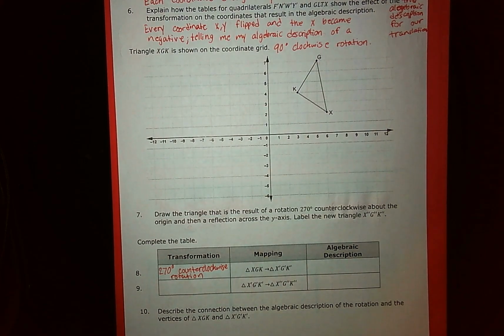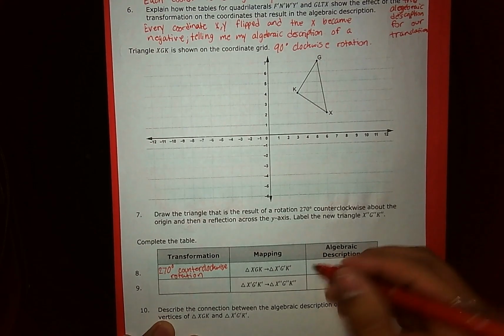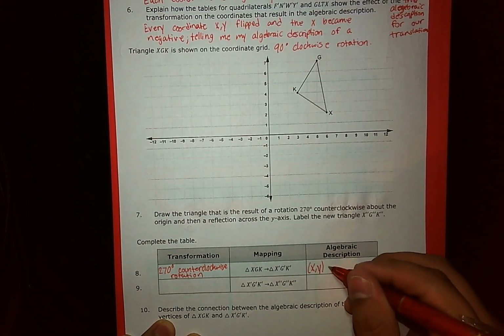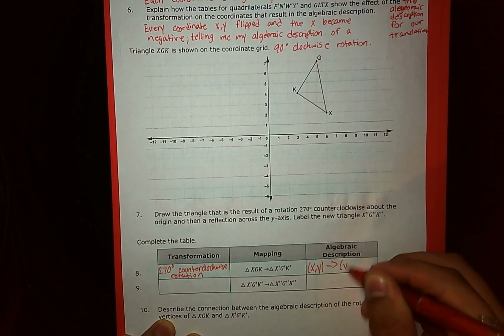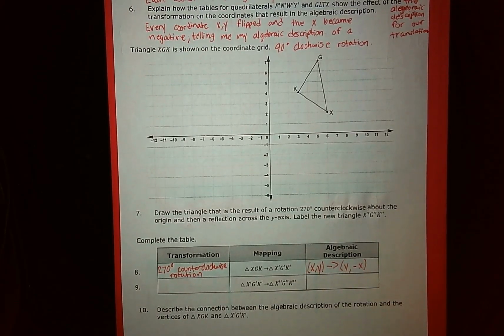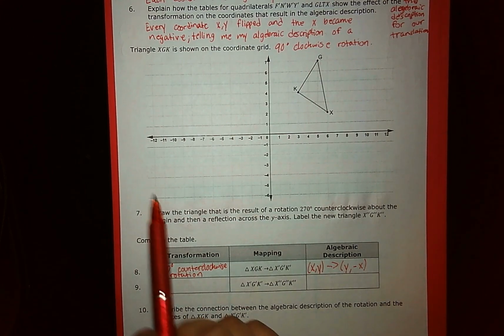We already know the algebraic description for this. It's on the whiteboard in the back of the room. If we rotate 270 degrees counterclockwise, what happens to our xy coordinates? Well, it looks like they flip and your x becomes negative. That's what they want us to do first here.